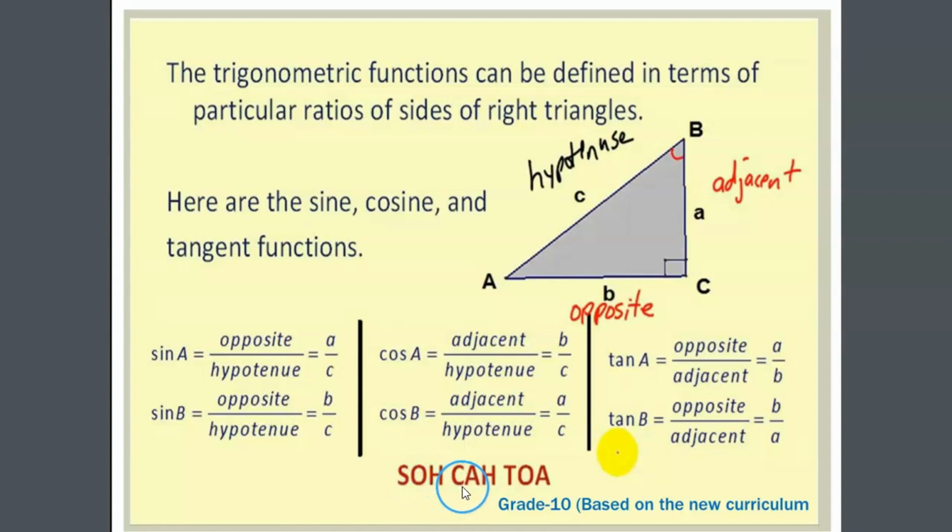For cosine, adjacent over hypotenuse. And for tangent, opposite over adjacent. We can remember them this way.